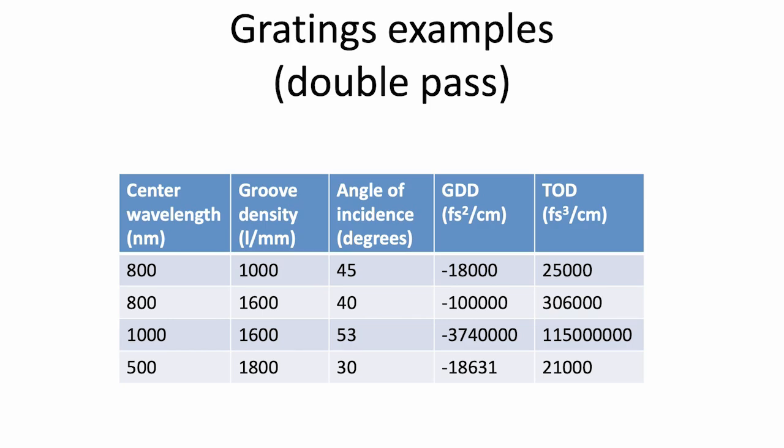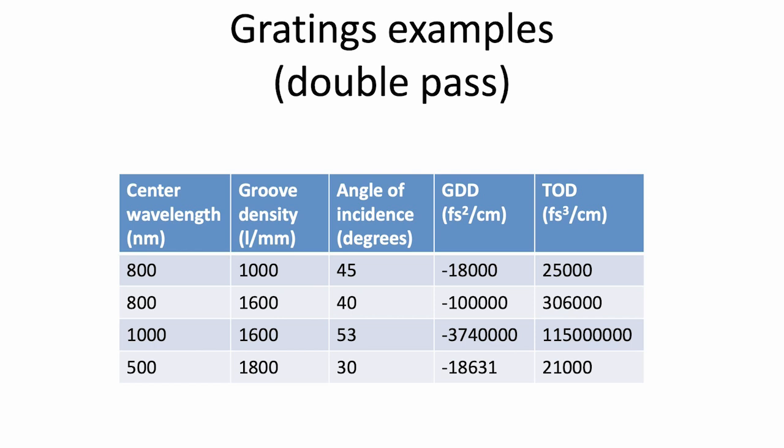The next slide, I'm just showing you a few examples of the order of magnitude of the numbers. Just different central wavelengths, 800, 1000 nanometers, 500 nanometers in the first column, different groove densities. You just choose a grating that's suitable for that wavelength, and the angle of incidence where you get a high efficiency.